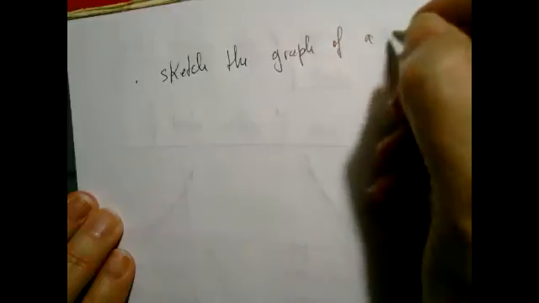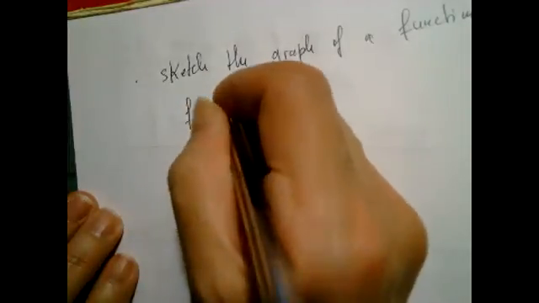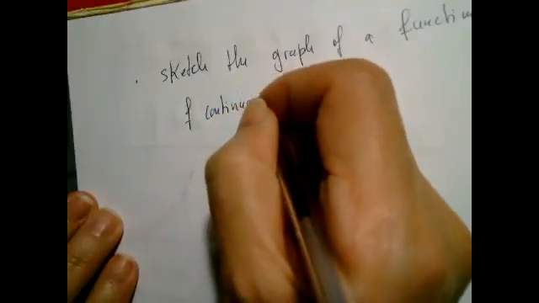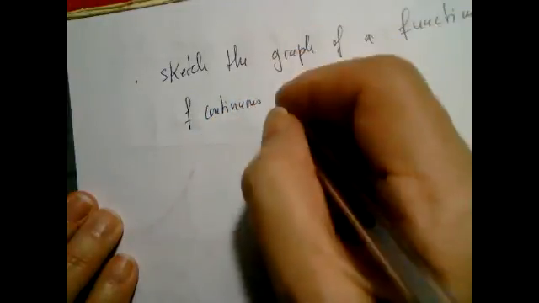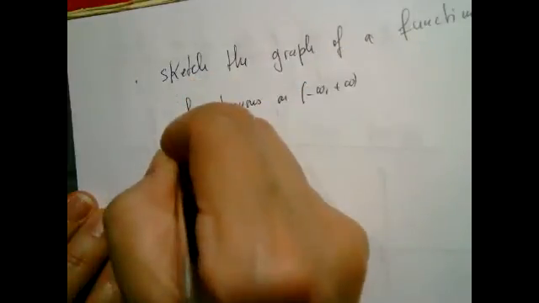Now question number 2 is I want you to sketch the graph of a function. Again, simple questions before we do the algebra, which is going to be tomorrow. So question is, sketch the graph of a function f such that f is continuous. It means we don't have jumps, everywhere on the interval minus infinity to plus infinity.